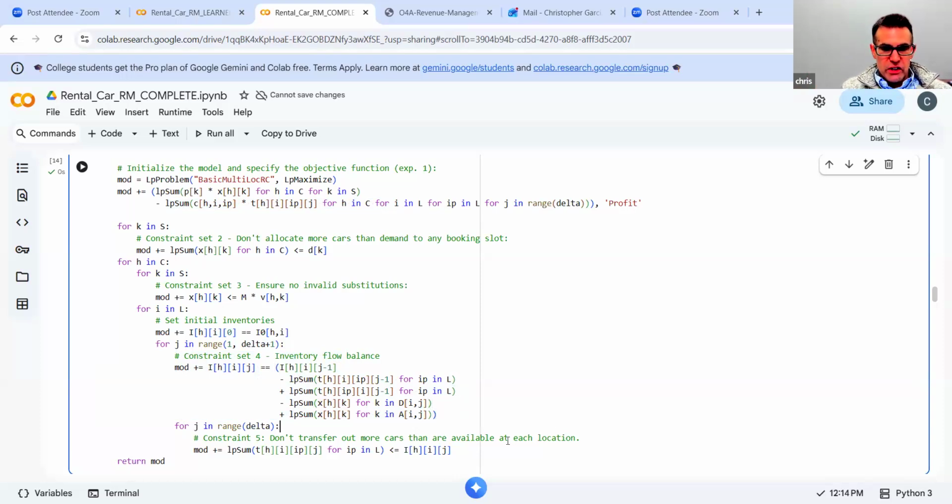Then we make sure that we don't transfer out more cars than are available at each location. We sum over all days, and in each location, for each car class h and i, we ensure that the sum of T_hi'j is less than or equal to I_hij, which is our current inventory on day j.